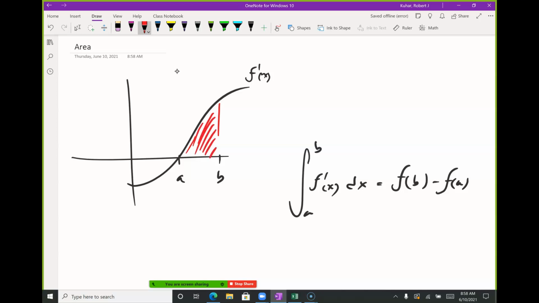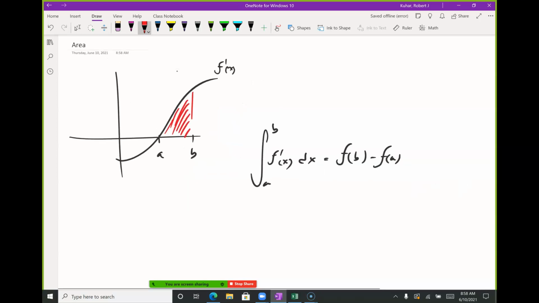Pretty simple, yes? And how we got that area was using rectangles, right? In fact, n rectangles, n partitions, and then letting that limit go all the way to infinity.